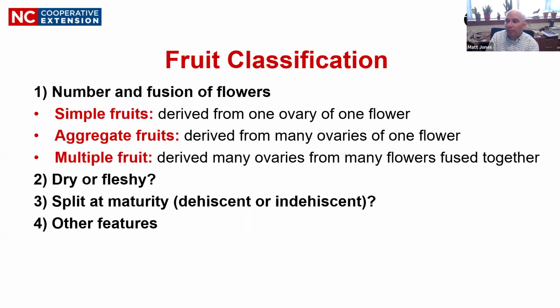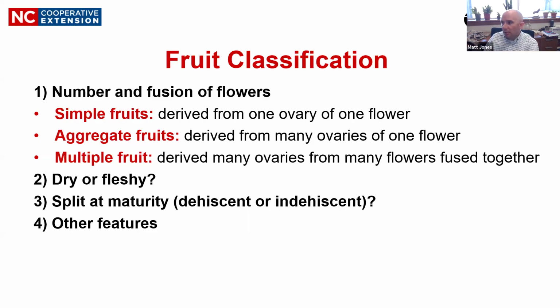And then if it's derived from many separate flowers that later fuse together into a single fruit unit, it's called a multiple fruit. Fruits can either be dry at maturity or fleshy and juicy at maturity. Some may open at maturity, so that's dehiscent, or some do not open at maturity and thus are indehiscent. And there can be other specialized features that distinguish the different fruit types.